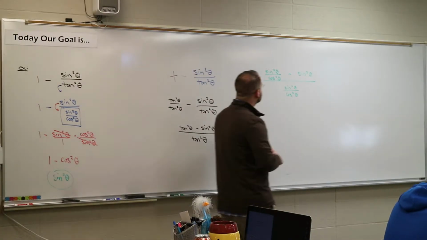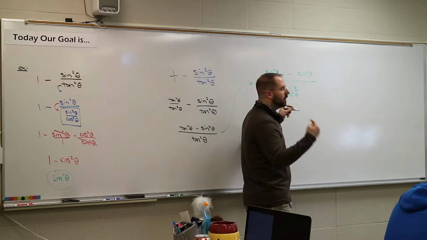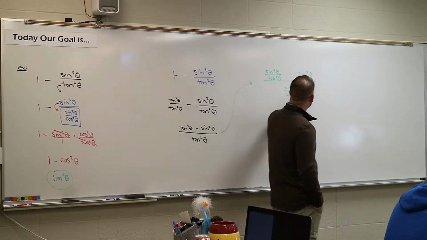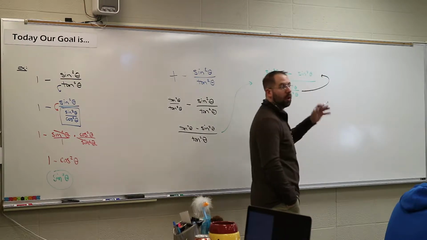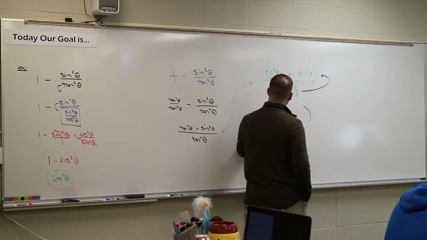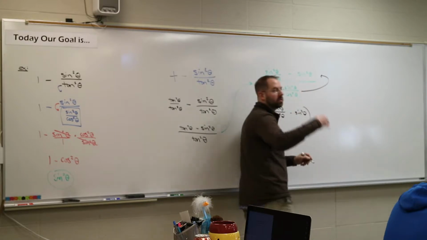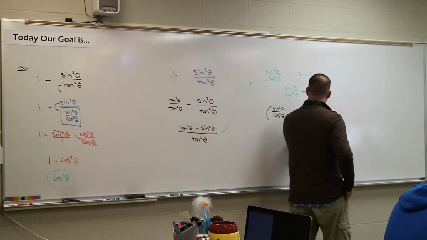So watch this. This is the way that I would do it, if you noticed it. I would choose to just multiply the top by the reciprocal. The whole thing, whatever the whole top is. That's sine squared over cosine squared minus sine squared. I'm going to take it times the reciprocal of the bottom.